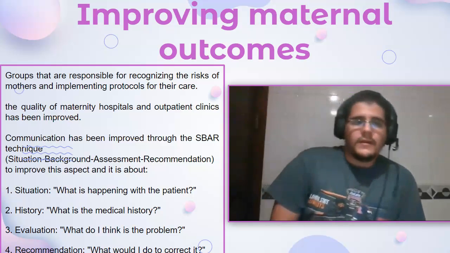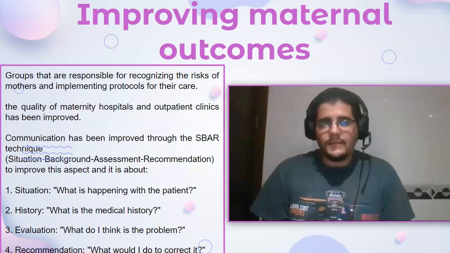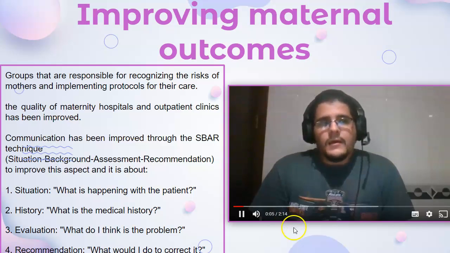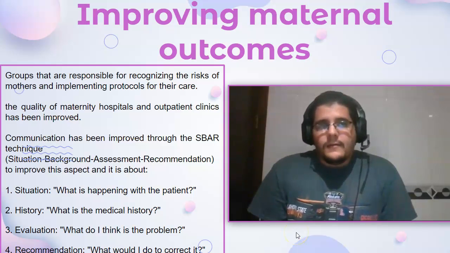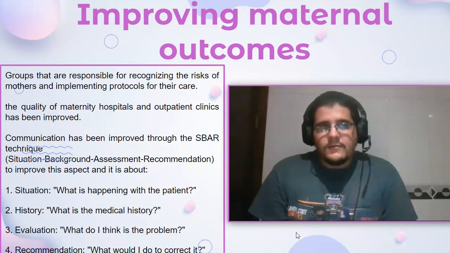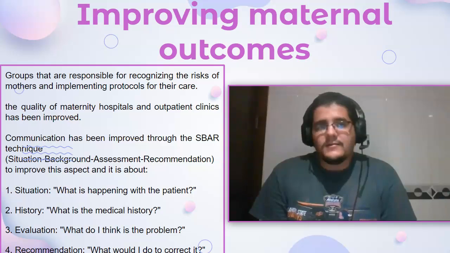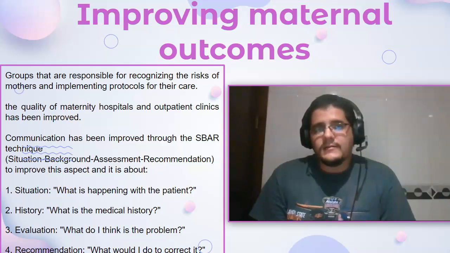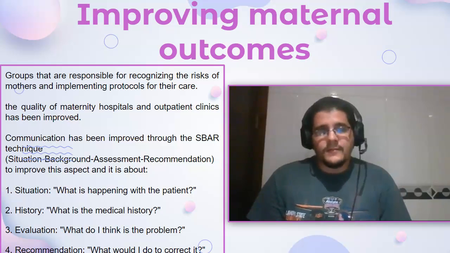Now, let's talk about improving maternal outcomes. In an effort to reduce maternal mortality, groups have been implemented that are in charge of recognizing and monitoring the risks of mothers, in addition to ensuring their well-being.